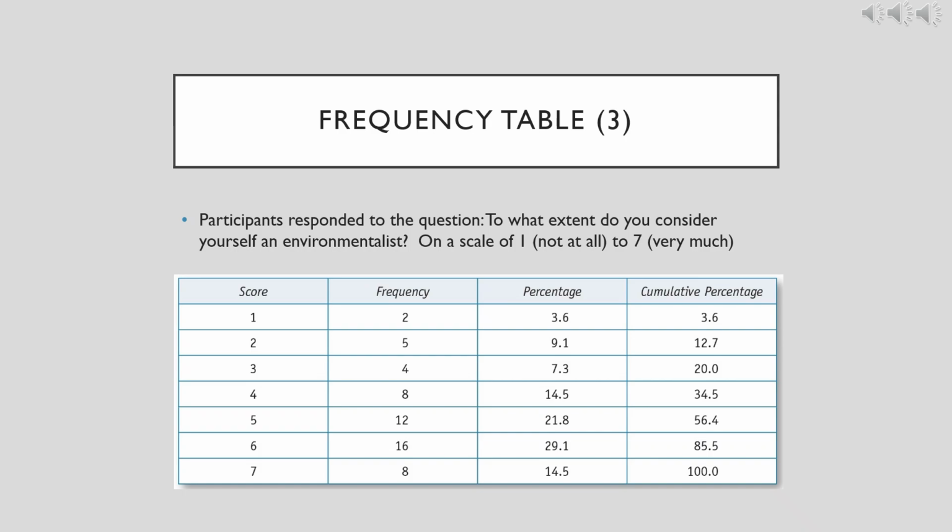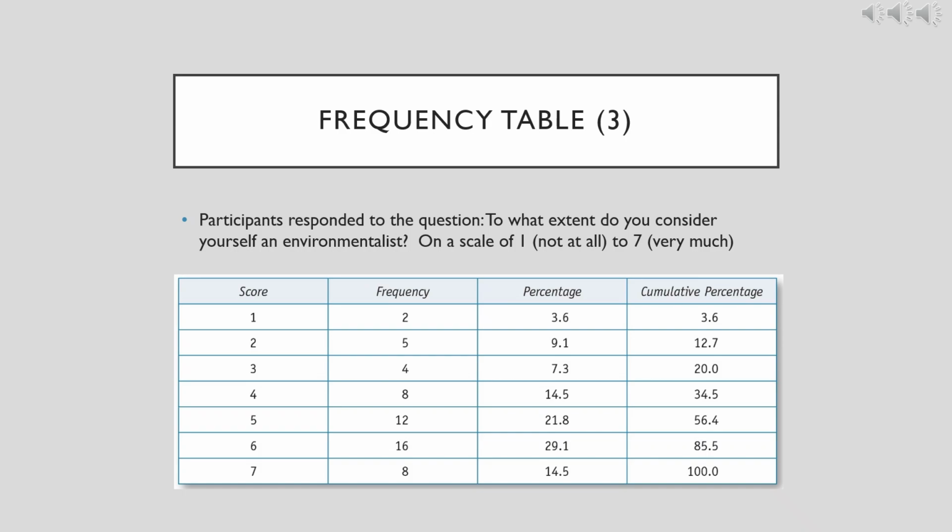The reason why frequency tables are useful is because you can get a first glance of, okay, well, where are most people located? Like, are we talking about a lot of people score at the low end of the scale? They're not really considering themselves environmentalists in this particular sample. Or are most people scoring at the higher end of the scale? So a lot of people do consider themselves more of an environmentalist. And in this particular sample, remember, it's going to be based on the exact parameters of the group that you recruit for this sample.